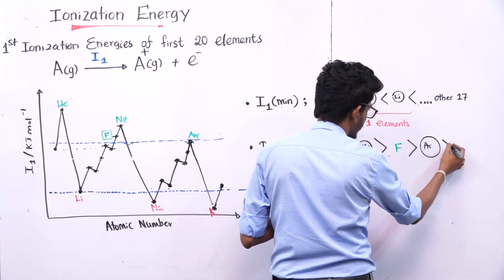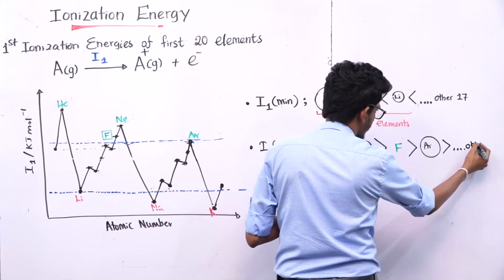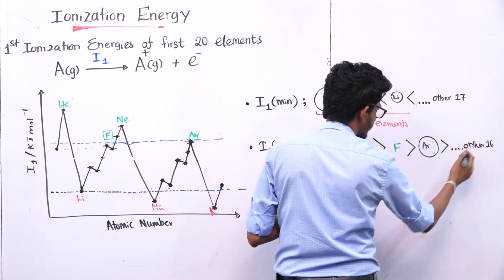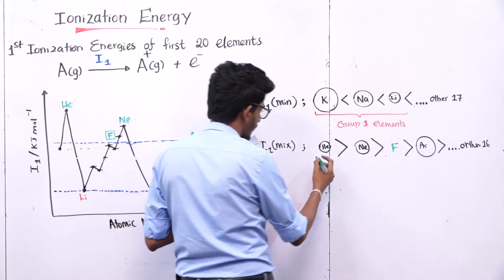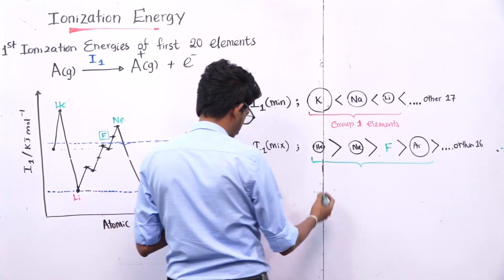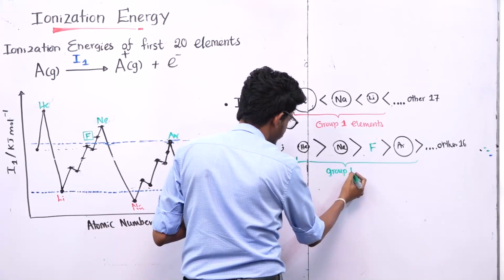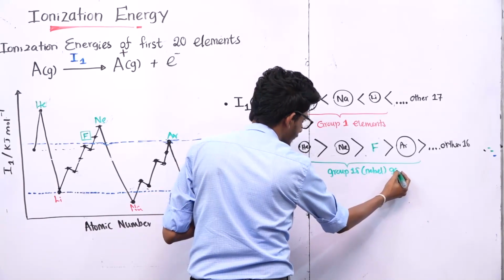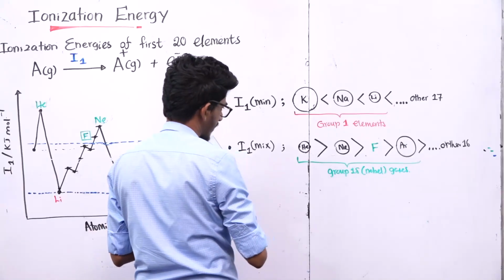All the other elements are less than that, the other 16 elements. This is about the trend. This is about group 18, the noble gases, and there we have an exception as well.